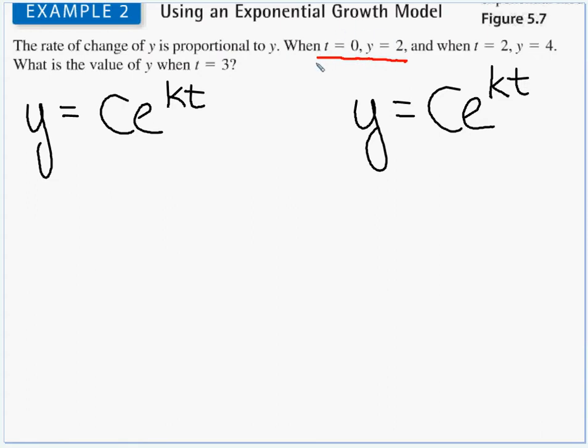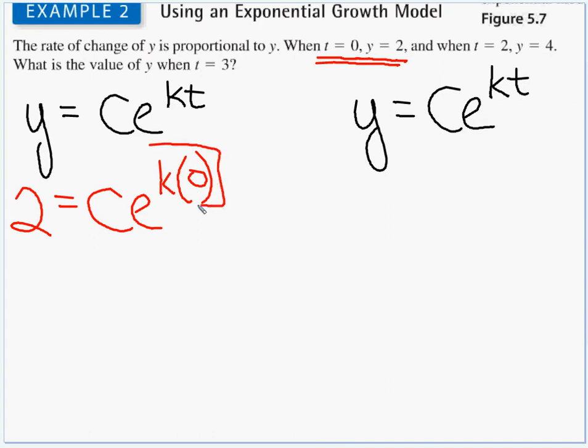So we're going to use this point, y is 2 when t is 0, so that'll become k times 0. We'll use this one to solve for c. And 0 times k is 0, so this becomes e to the 0, and anything to the 0 power is 1, so this just says c times 1 is 2, or c is 2.